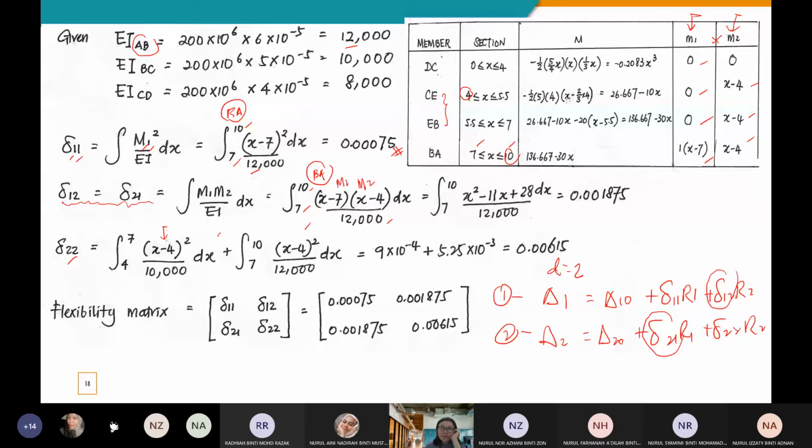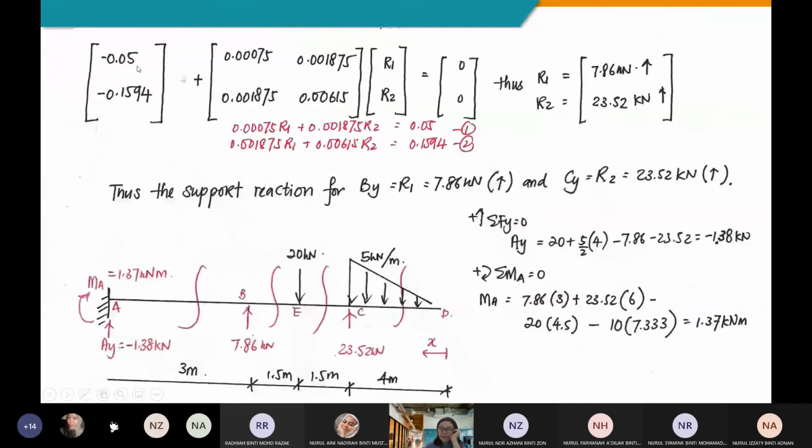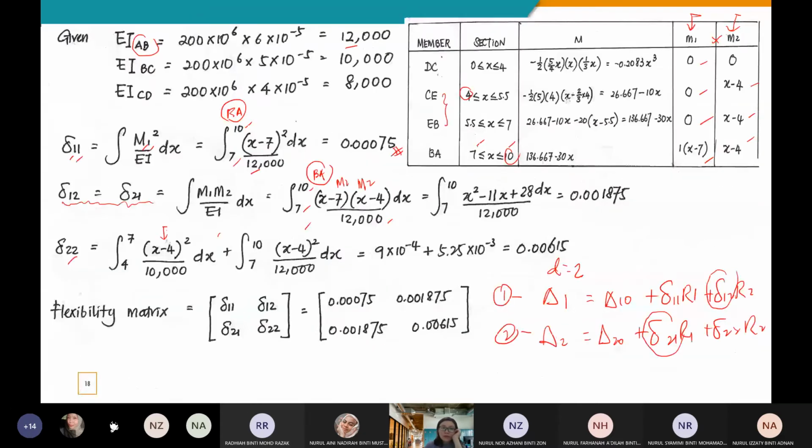For CE and EB, you fall under span BC where your EI is 10. So this statement is for CE and EB. And for member CD, sorry, it's not CD. Member AB, I'm looking at this.